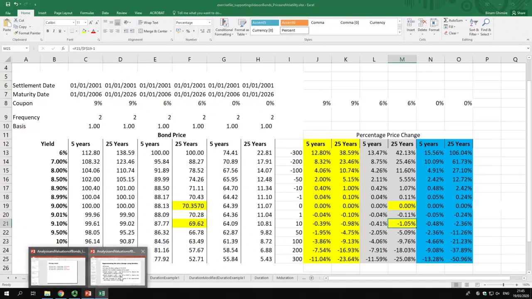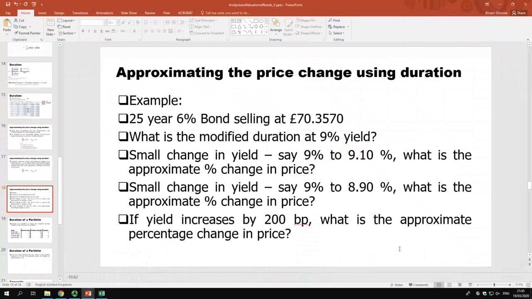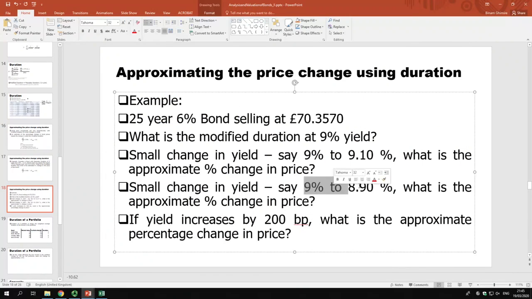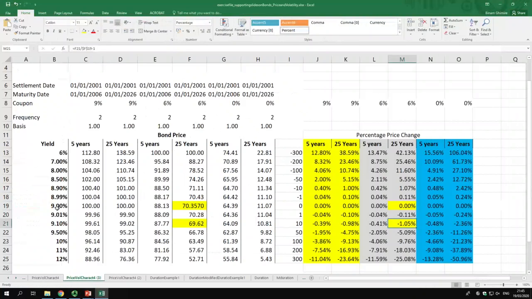What we want to see now is what happens when the yield goes down from 9 to 8.9. Okay, so again in the same example, from 9 to 8.9, which is here, then it is this one, 1.07%. So what we found here is when yield goes up, then the percentage price decrease is minus 1.05.